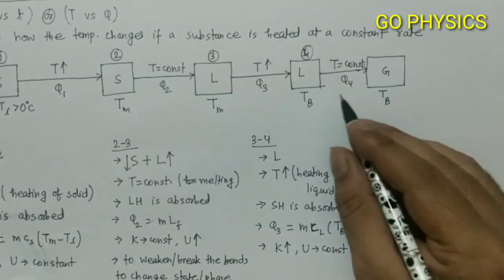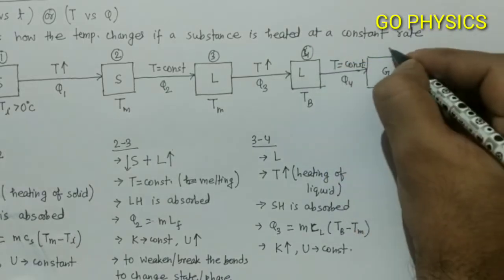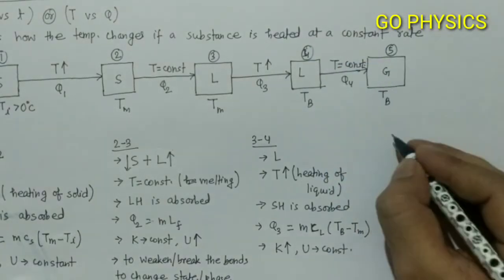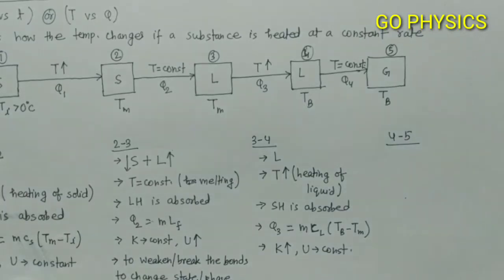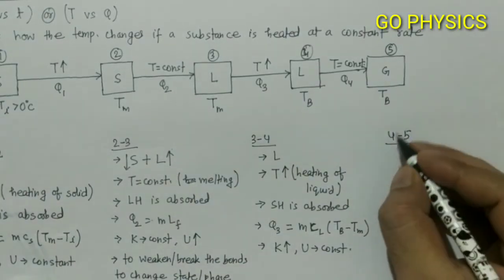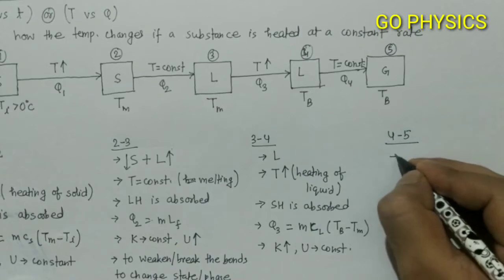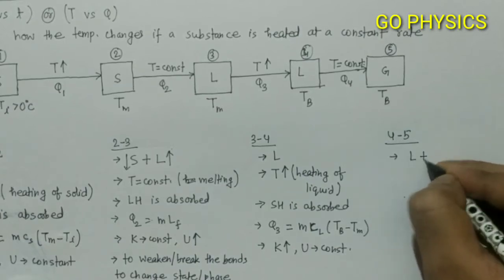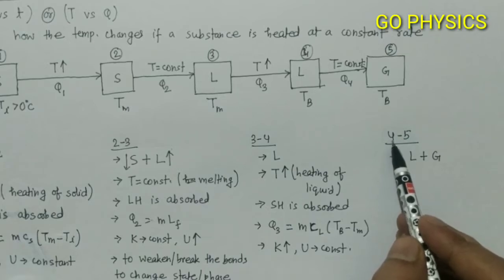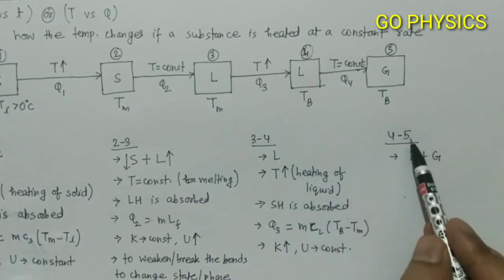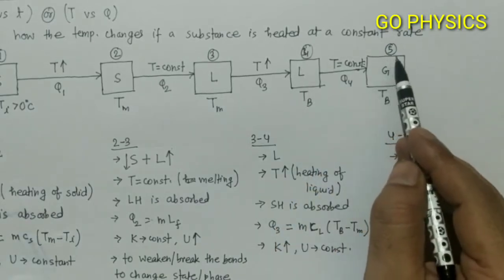So during the process 4 to 5, inside the system we will have liquid plus gas, but at state 4 we will have only liquid, and at state 5 we will have only gas.